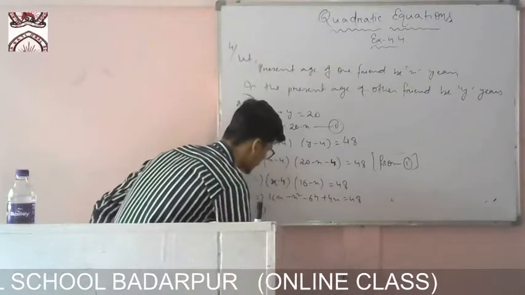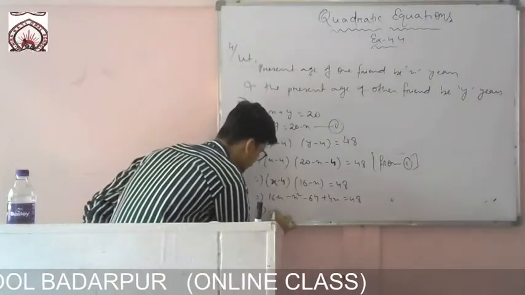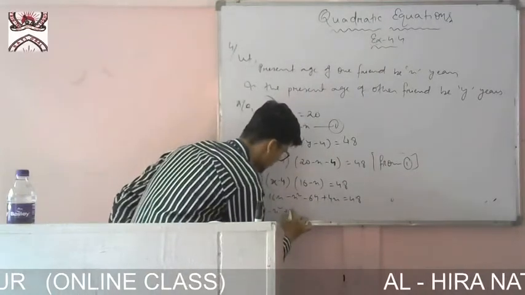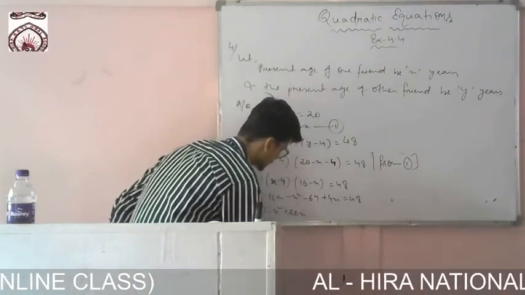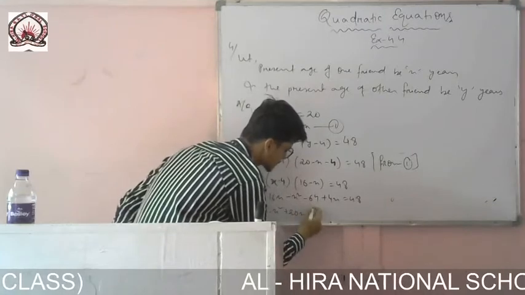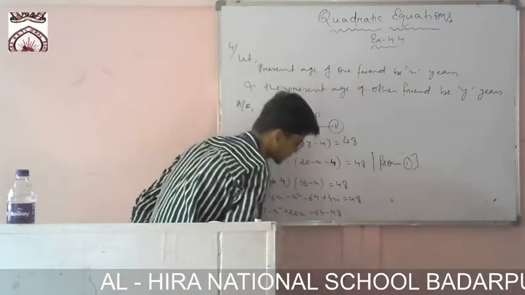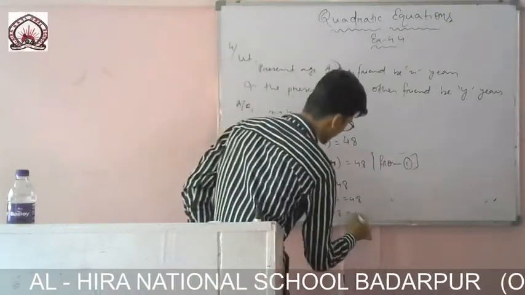So now if I write one more line, minus x square, let me keep it here, 16x plus 4x, it is plus 20x, then minus 64, and if I bring 48 here, it will be minus 48. So let me write one more line.